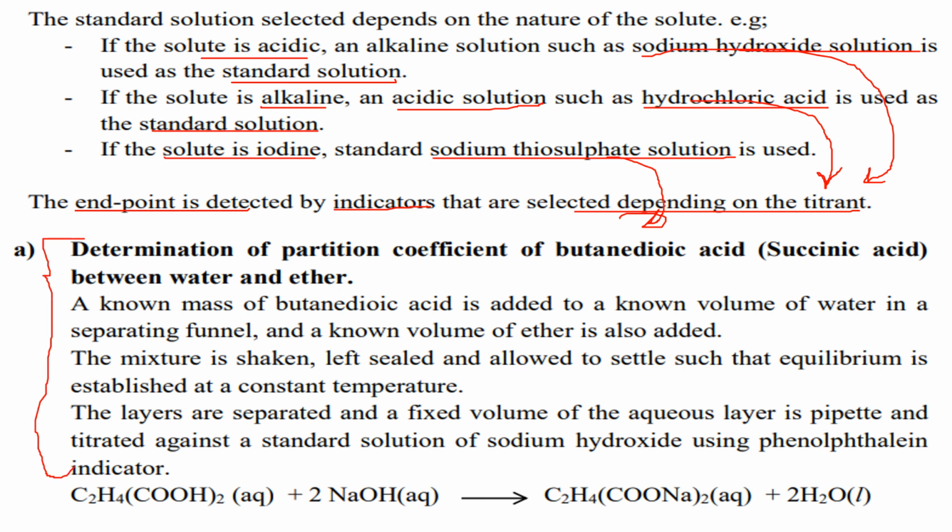So part A, we are going to be looking at the determination of the partition coefficient of butanoic acid, which can also be known as succinic acid, between water and ether.